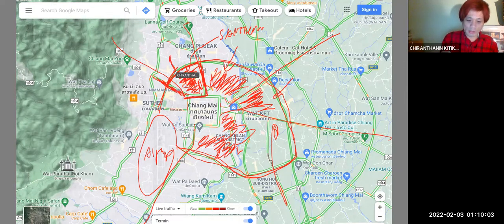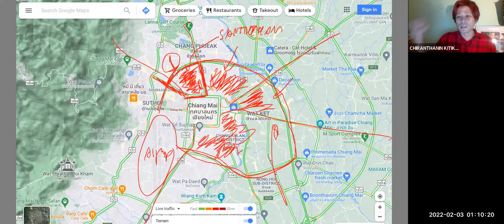This number one is Santitam area, which is inside. They have the Santitam temple as well, but it was cut to become the gap of the city, and it's plenty of local communities and also modern community right now.